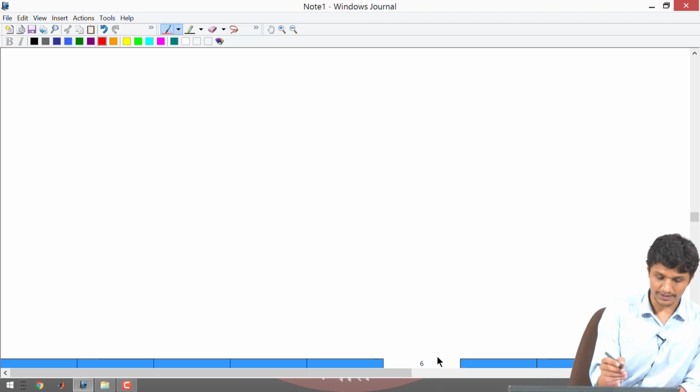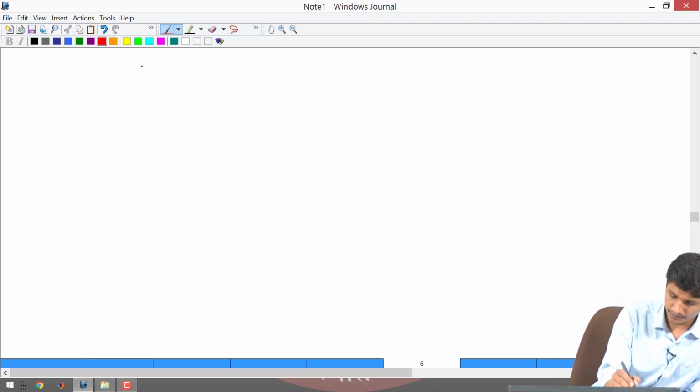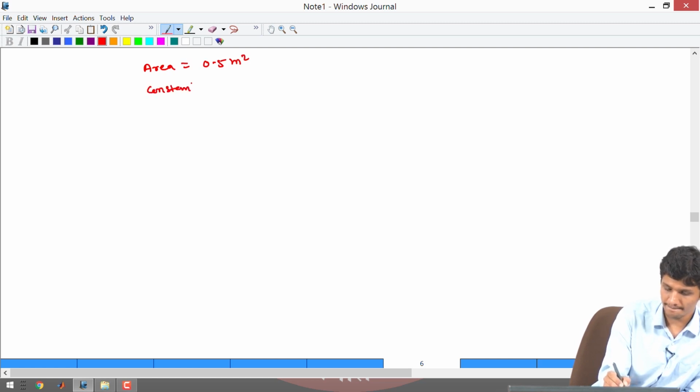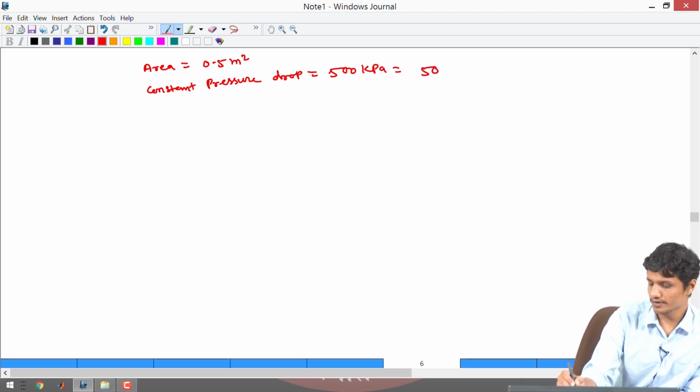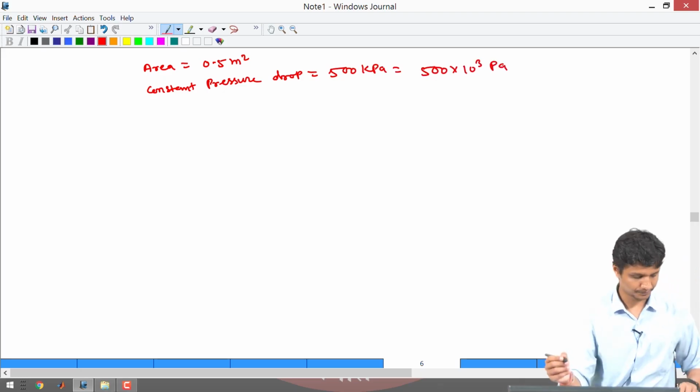For the first question, area is given equal to 0.5 meter square, and in the first case the constant pressure drop is 500 kilopascal equal to 500 into 10 power 3 Pascal.